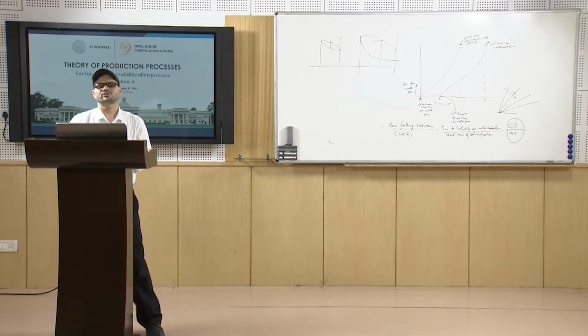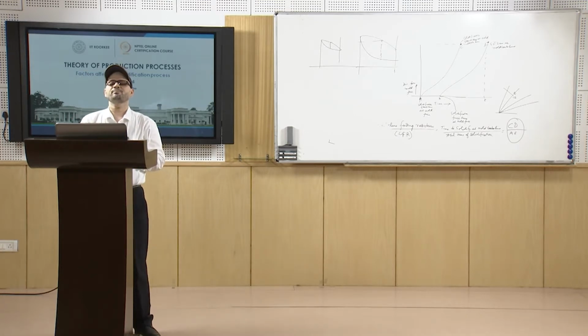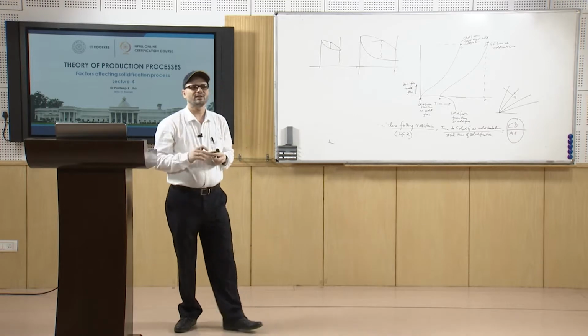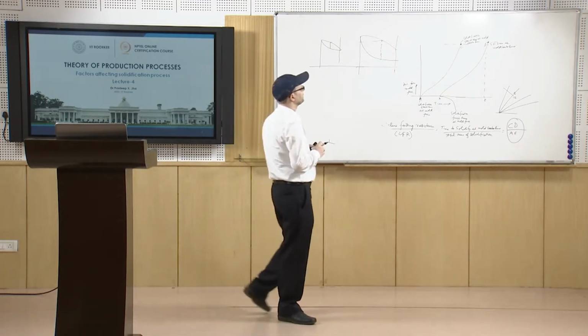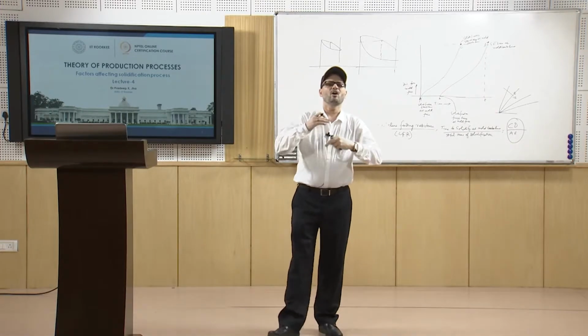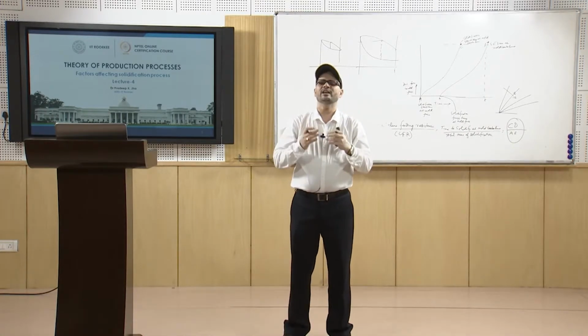Thermal characteristics. The first is the thermal conductivity of the solidifying cell. Now, in this case the first point is how the thermal conductivity of the solidifying cell will change.